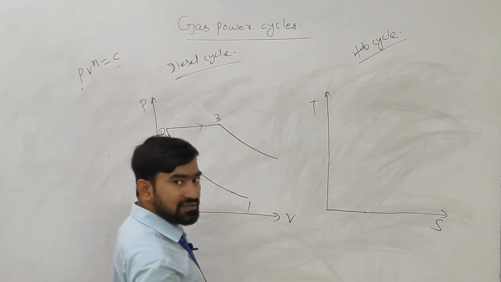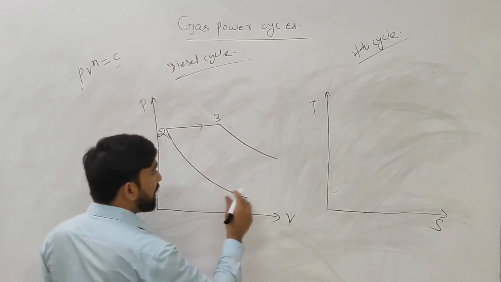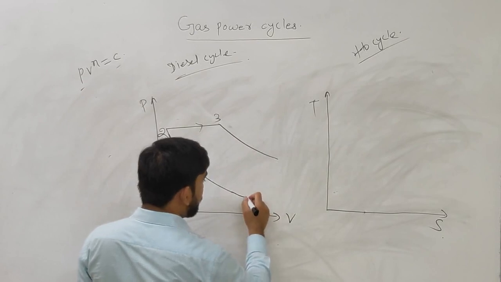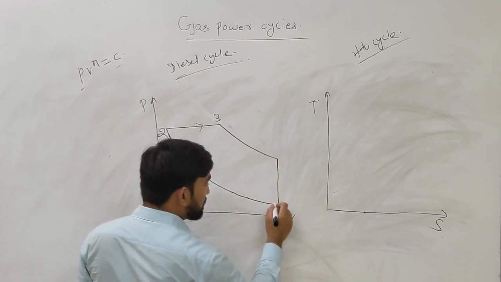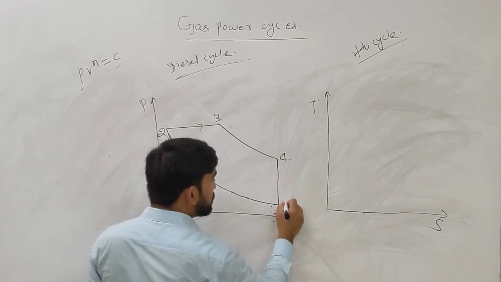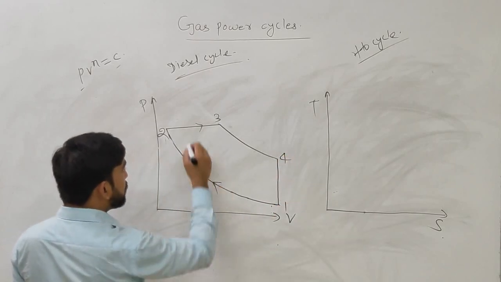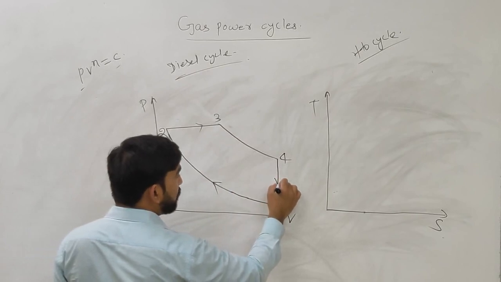Again 3 to 4 is an isentropic process, and 4 to 1 is an isochoric process. Here it is 1 to 2, 2 to 3, 3 to 4, and 4 to 1.